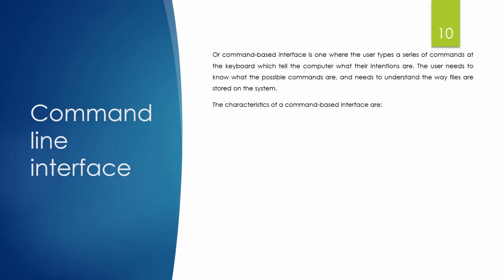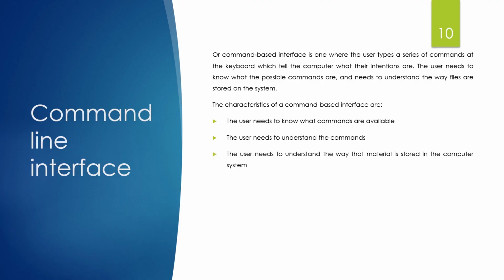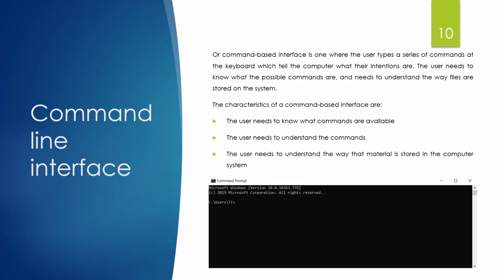The characteristics of a command-based interface are: the user needs to know what commands are available, the user needs to understand the commands, and the user needs to understand the way that material is stored in the computer system. So here is a picture of a command line interface.